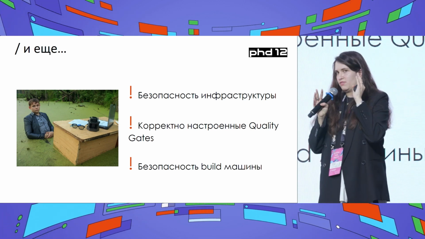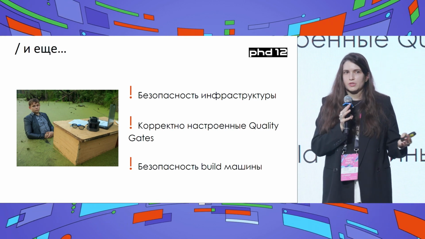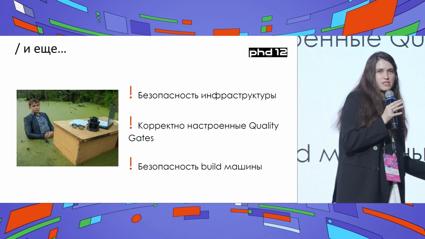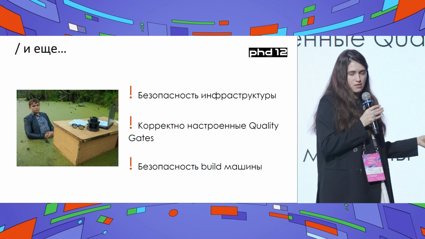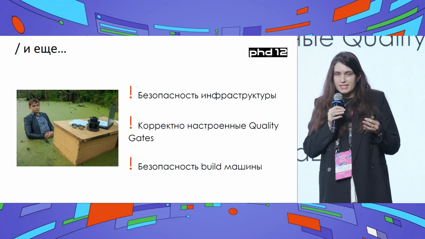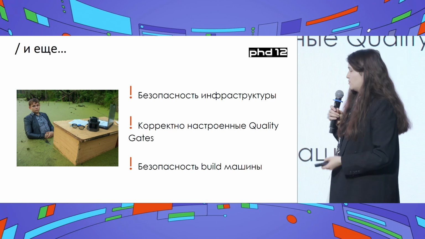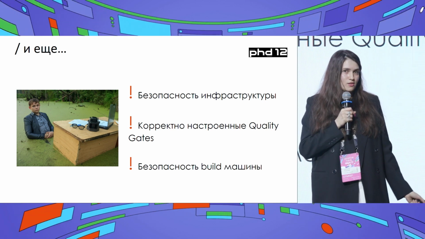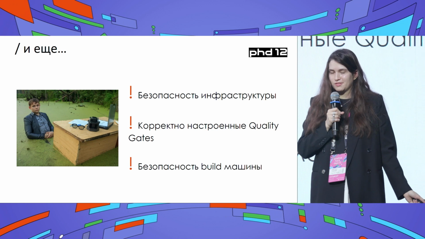For example, here we have 5 criticals, here we have 20 highs. Of course, we are following business, where we try to accelerate time to market, but we must at least know about it. Then security of the build machine.